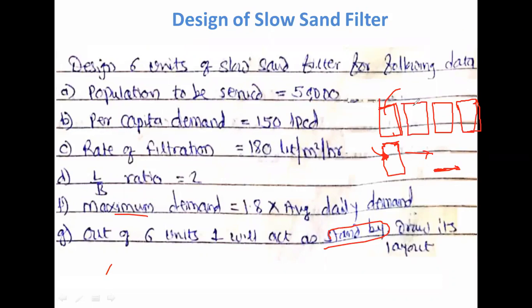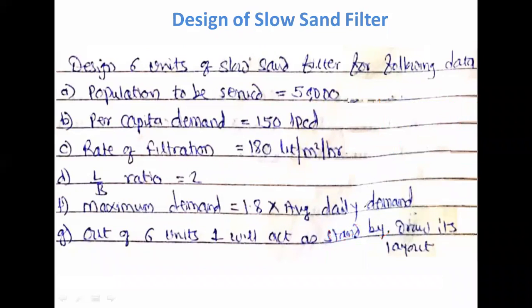At that time that particular filter will not be under working condition, so the standby filter will be considered for the working. Because of that, one filter is always kept as a standby filter.